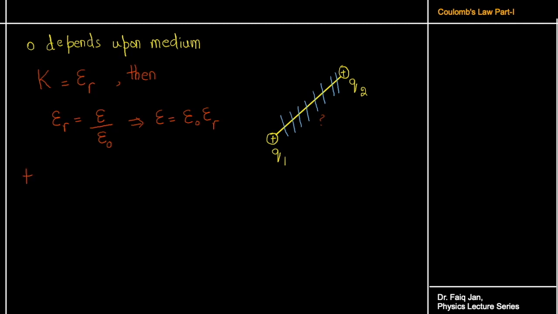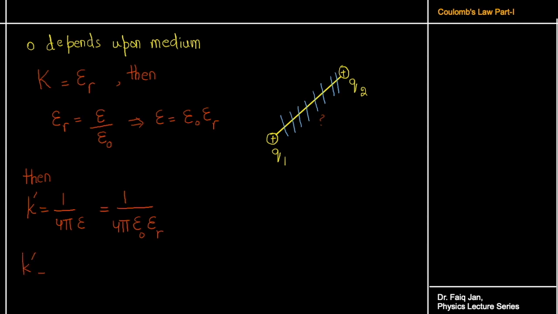Then the electrostatic constant in the presence of medium can be written as K prime is equal to 1 over 4 pi epsilon. Now plugging the value of epsilon in this relation, we will get 1 by 4 pi epsilon naught into epsilon r.